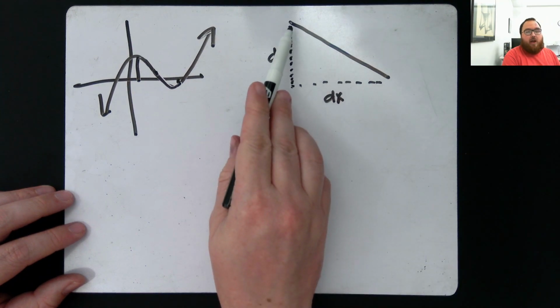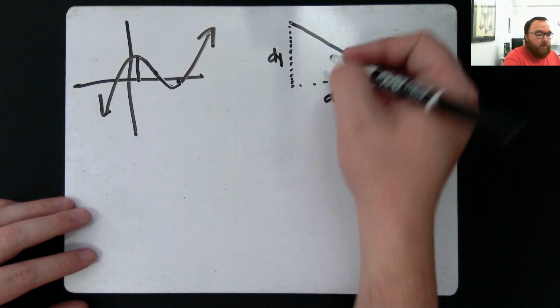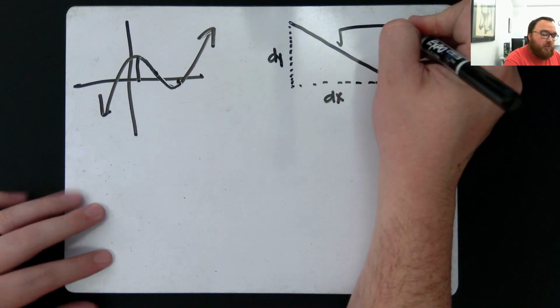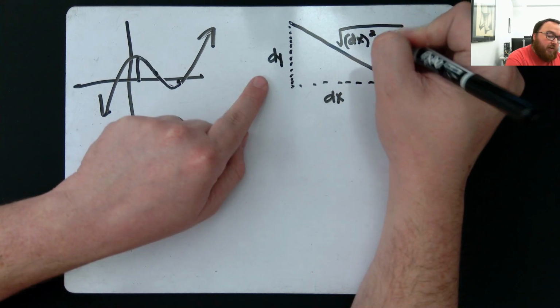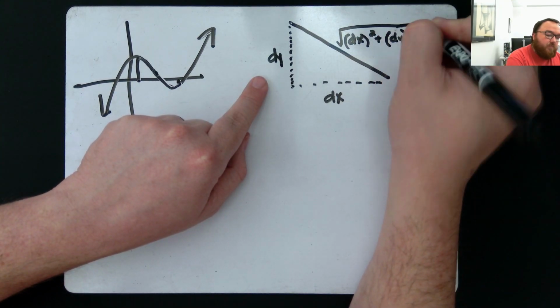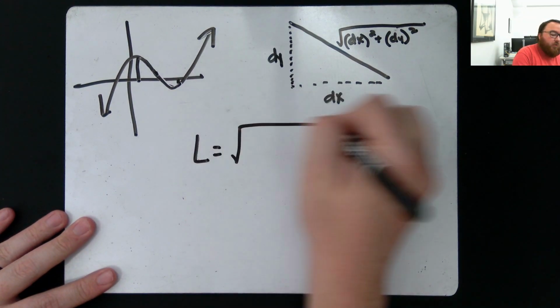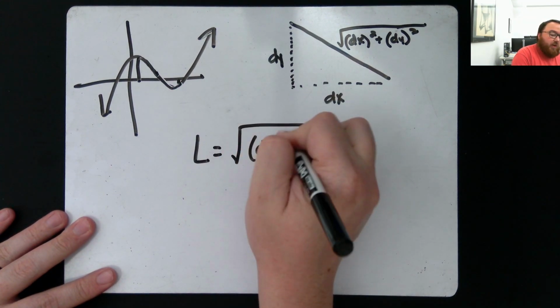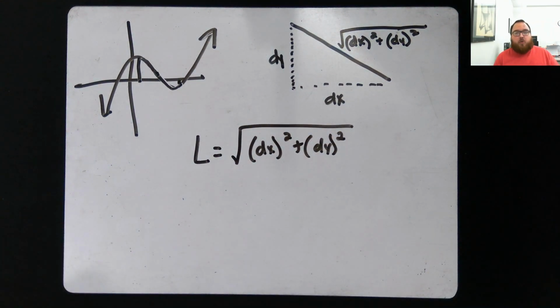So to figure out how long my length is, we can use the Pythagorean theorem and find it's the square root of each of these squared. So dx squared plus dy squared. So from that, I can gather that my length is equal to the square root of dx squared plus dy squared. Now this is nice, but it's not super helpful.